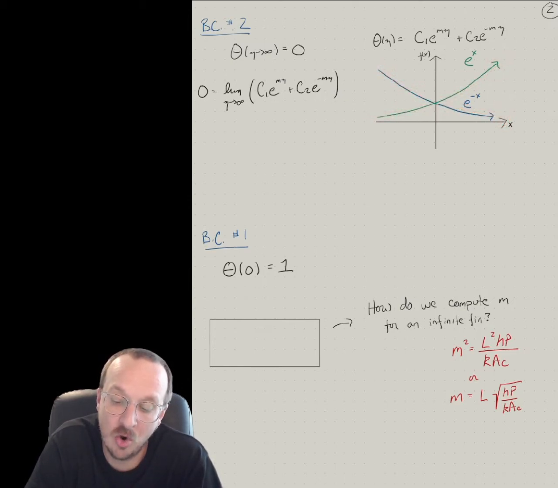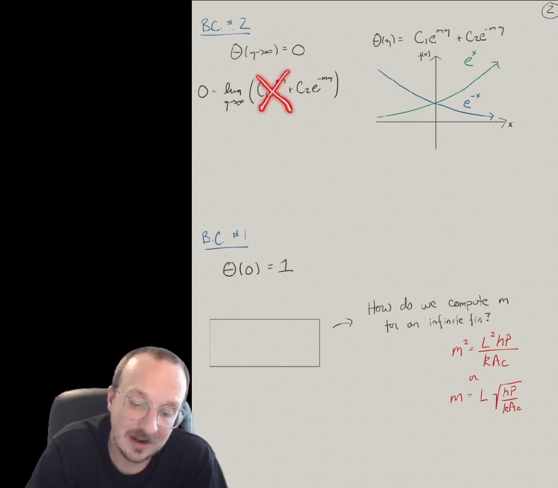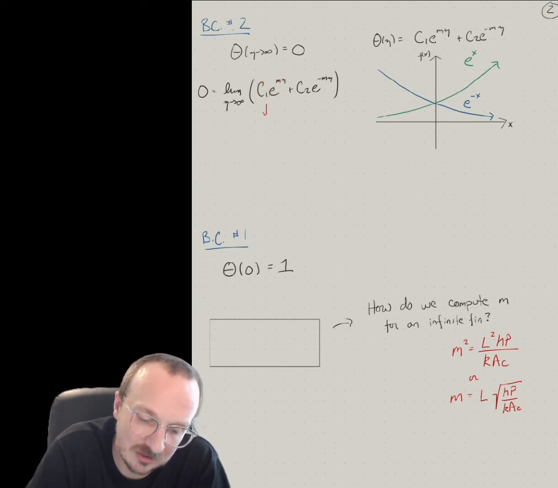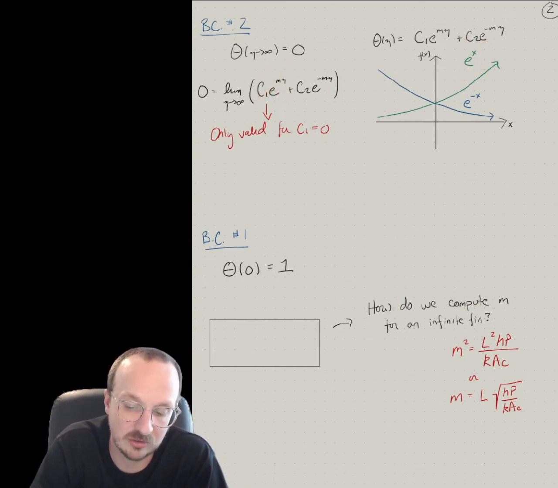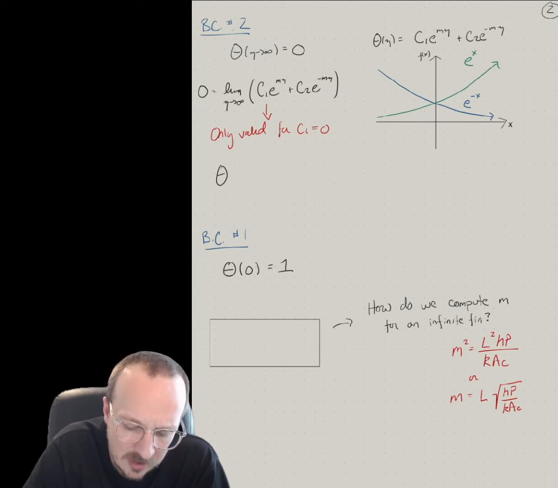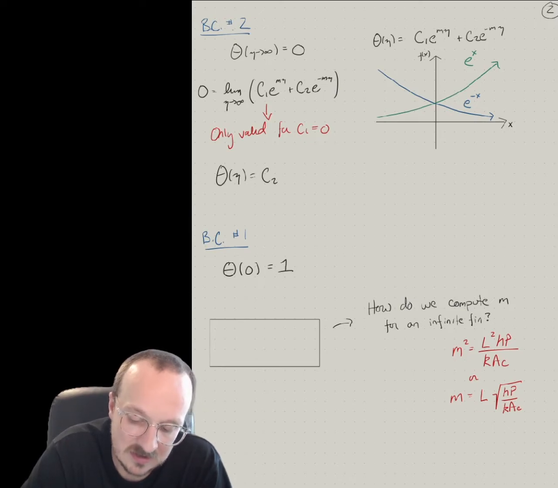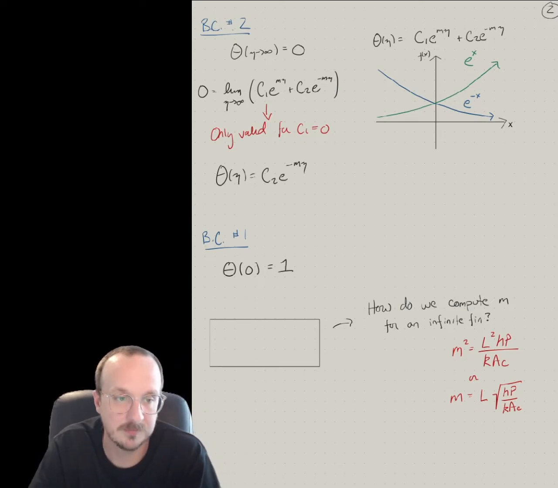So there's no way this will go to 0 if this term is in there. That's nice because that means this boundary condition is only valid for C1 equals 0. This function can't be there for it to actually be 0 at this boundary condition. So we're left with theta of z equals C2 e to the minus mz.